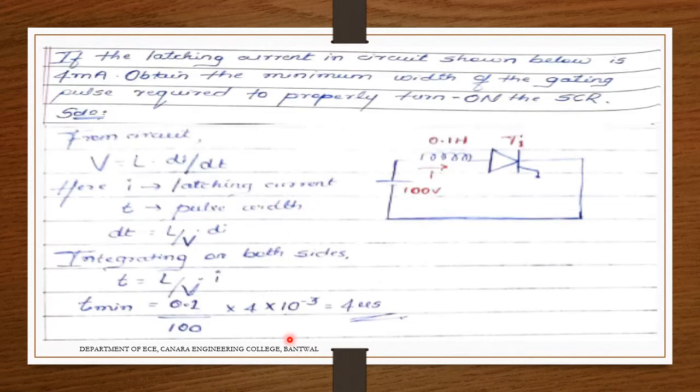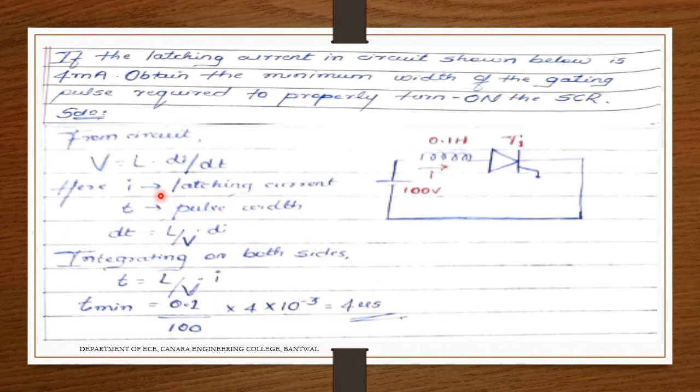Next, if the latching current in the circuit shown below is 4 milliamps, obtain the minimum width of the gating pulse required to properly turn on the SCR. From the circuit we can write V is equal to L into di by dt.